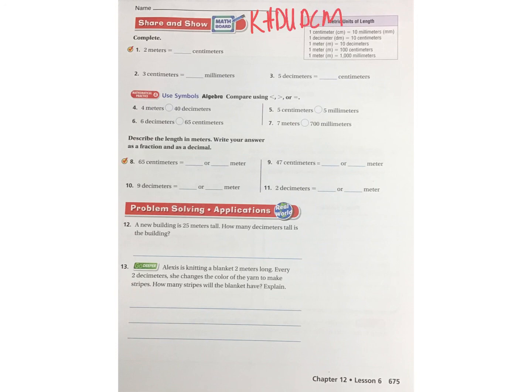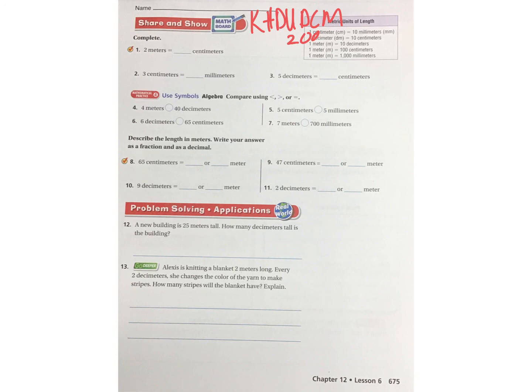Okay, 2 meters. What do we put when we're looking for meters? What do we put it under? The U, right? Because that's the unit. So we put 2 under meters, and we're going to centimeters. So we go 1, 2 to fill into centimeters. So 2 meters is how many centimeters? 200.